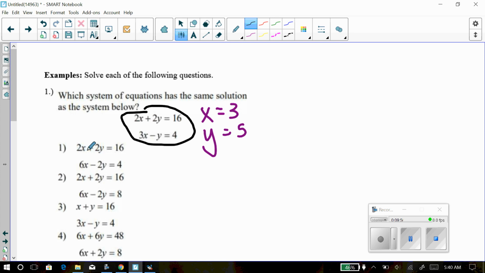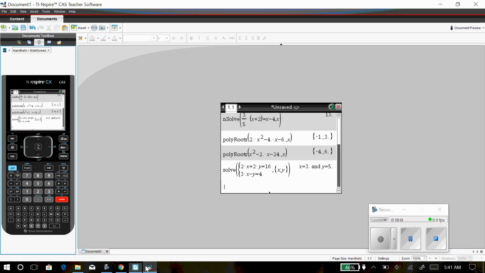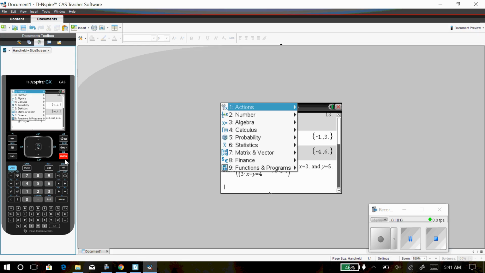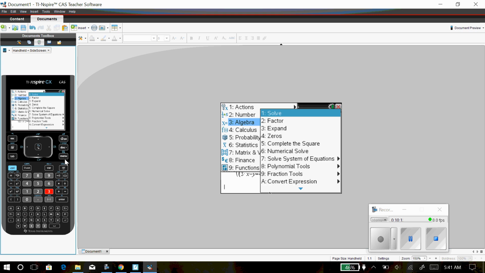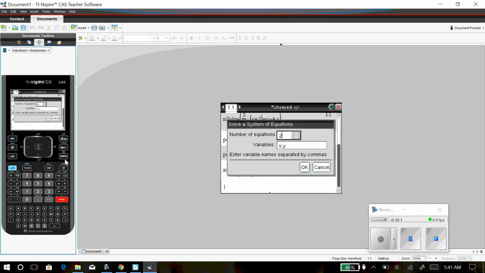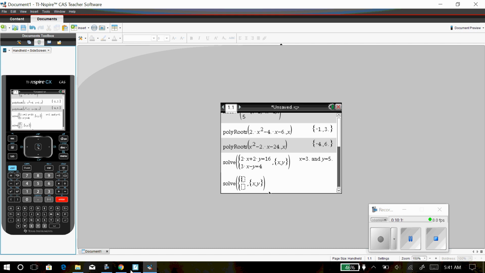So instead of solving out every single one of these systems of equations algebraically, I'll put them in my calculator. So now let's try number 1. Menu, I'm sorry, I always get those mixed up. Solve systems of equations, 2, x and y.